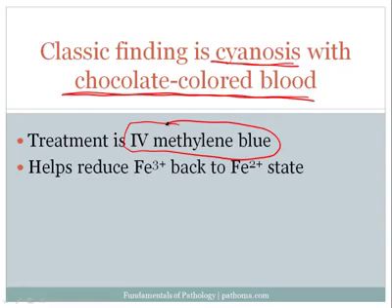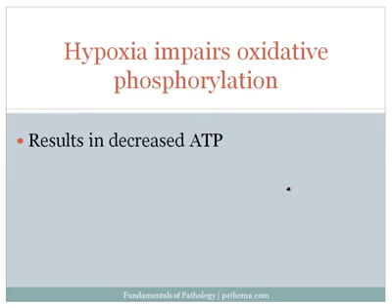It's important for being able to generate the necessary mediators that will reduce iron back to its 2+ state. If I wanted to summarize methemoglobinemia in just a very simple principle, I would say just remember Fe2 binds O2. And that's going to make it very easy to remember.